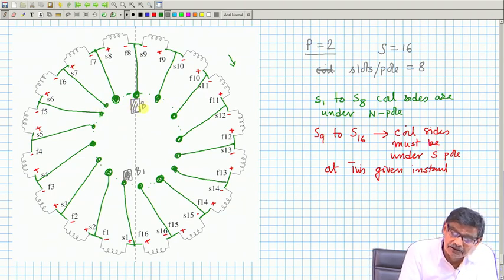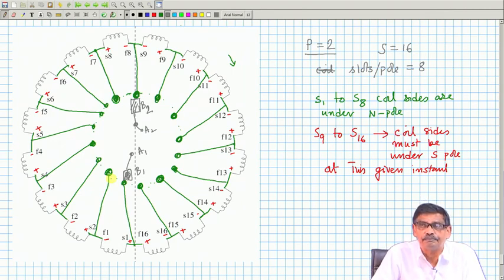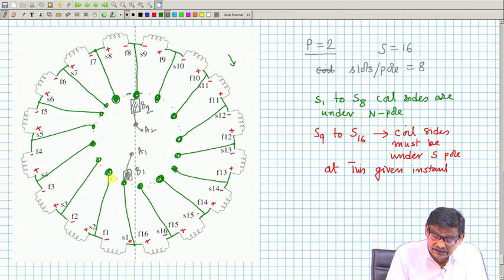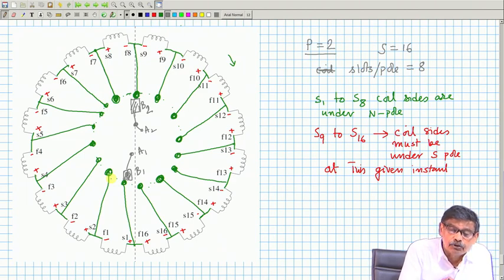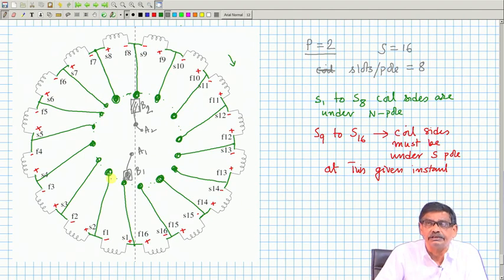This is B1, this is B2, and these two I will call armature terminal 1 and armature terminal 2. This time only 2 brushes will do, no 4 brushes required, because you want to maximize voltage. No matter which 8 coils are on the right and which 8 are on the left, the polarities of the voltages are such that across B1 B2 you will always get DC voltage. Got the point.